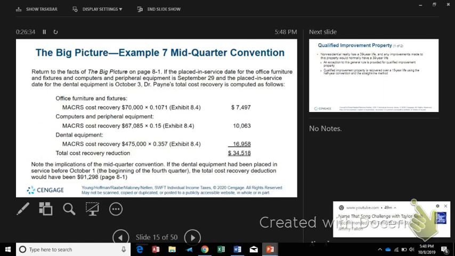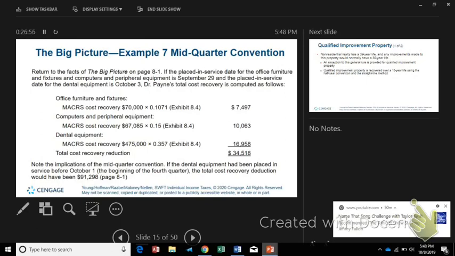He purchased $70,000 of office furniture, $67,000 of computers, and $475,000 of dental equipment. All right. The office furniture and computers were purchased on September 29th. All right.